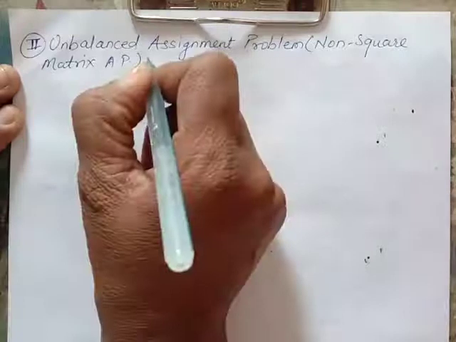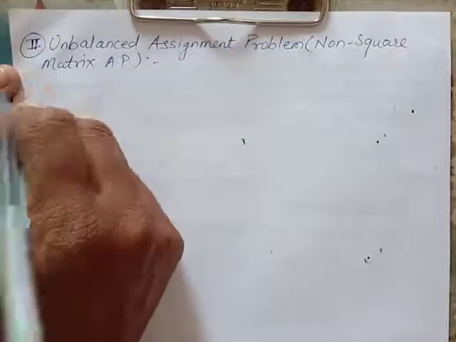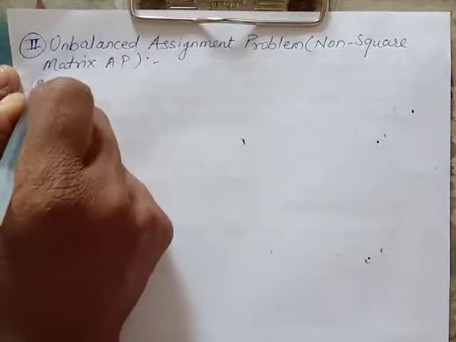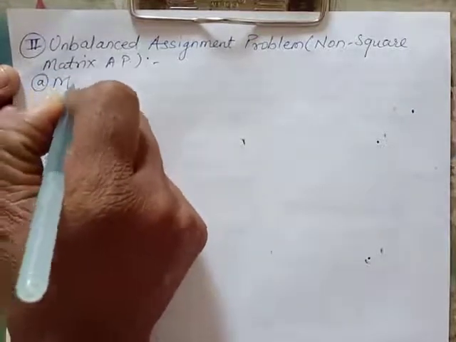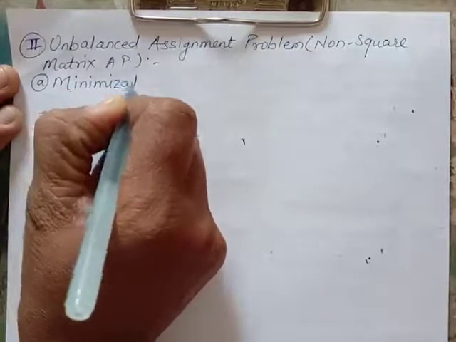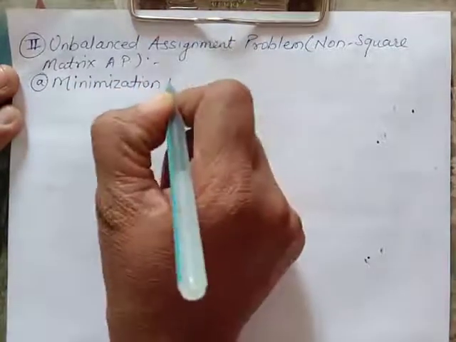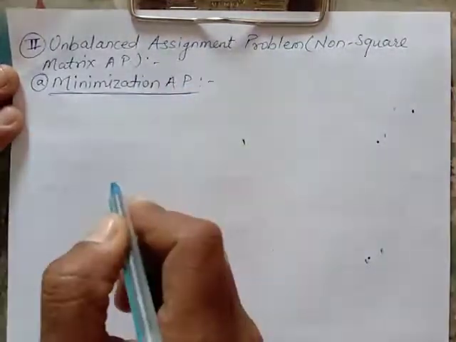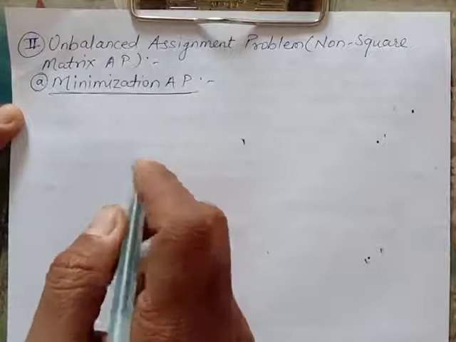The cost matrix will be a non-square matrix, or a rectangular matrix, we can say. Now here let me take first of all the minimization type of assignment problem, and later on we will see a maximization type of assignment problem.